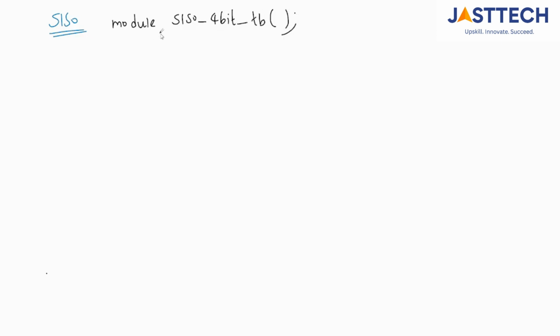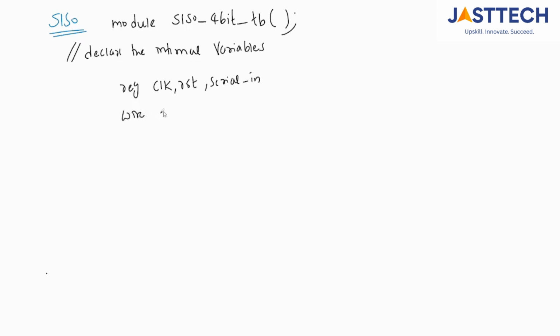Next, you need to declare the internal variables. What are the internal variables for the test bench? Clock, reset, and serial underscore in, you need to declare with the reg data type, and serial out, I need to declare with the wire data type.